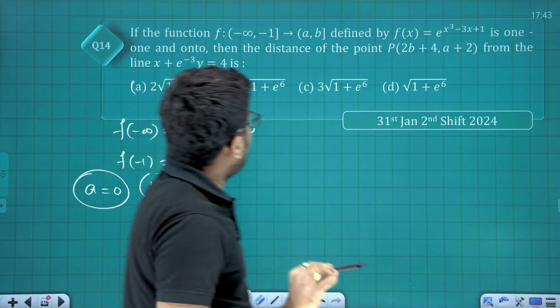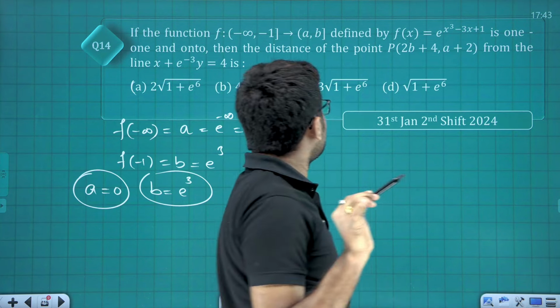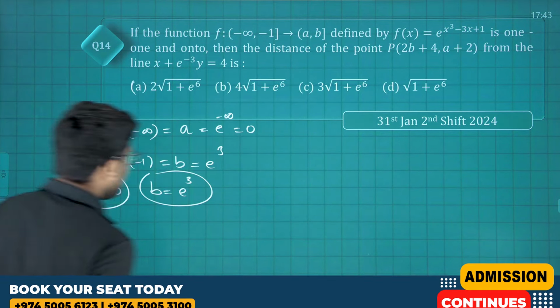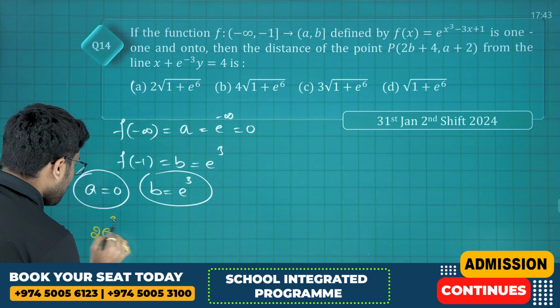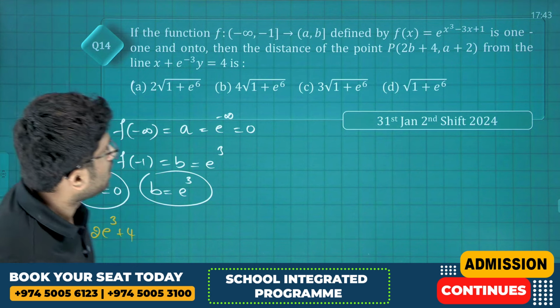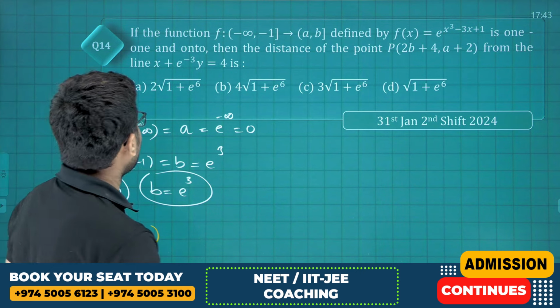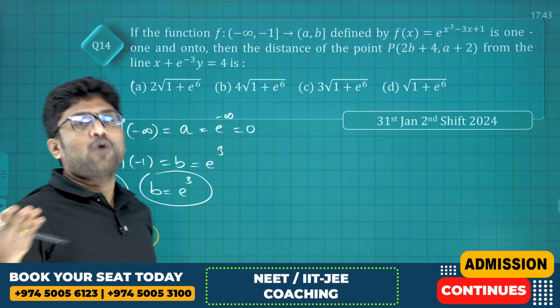Now what do we need? The distance of the point P of 2b plus 4, what is the point? 2b plus 4, that is 2 into e power 3 plus 4, comma, a plus 2, from the straight line. So distance from a point to a line, perpendicular distance.